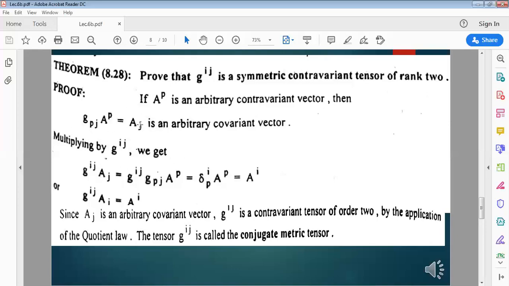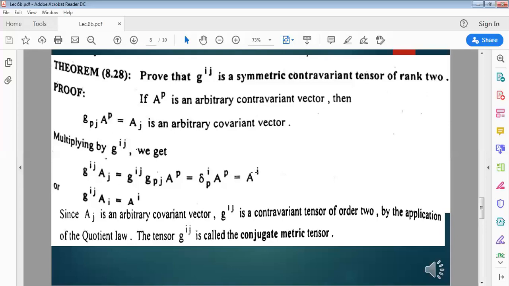So the left side will be Gij Aj, which is equal to Gij multiplied on both sides, and this term Gpj Ap. As in the previous question, this j and this j are contracted, so we remain with delta ip and this Ap. Further, this p and this p are contracted and this i is dragged to i.